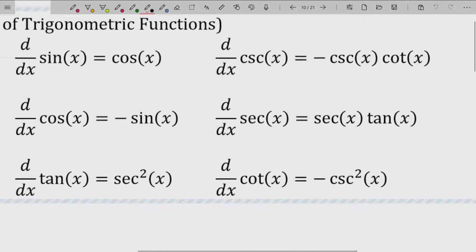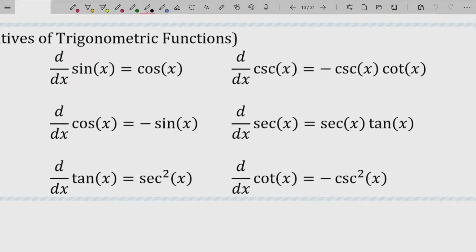Something that I want to draw your attention to is when I was saying the word co, I was emphasizing the word co. The derivative of the cosine is a negative value. Okay, it shouldn't be a negative value, it's the opposite of a trig function. So the derivative of cosine is the opposite of the sine.